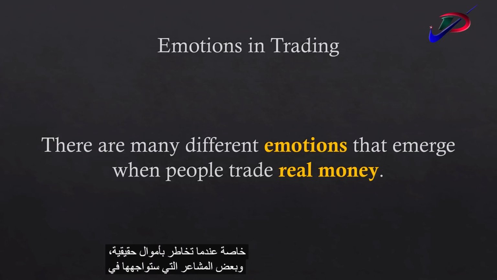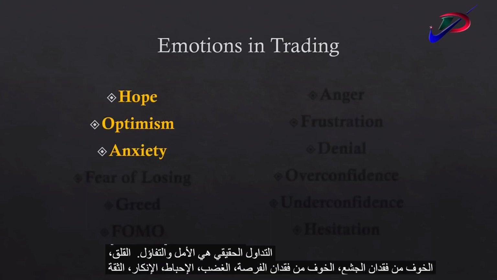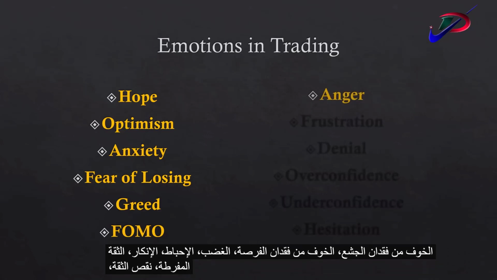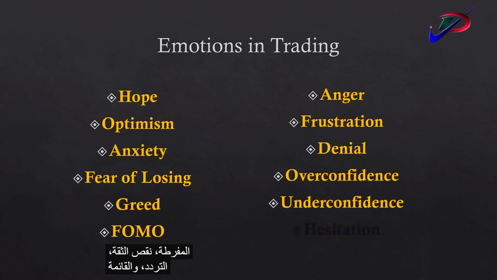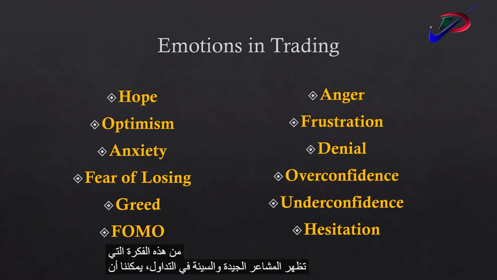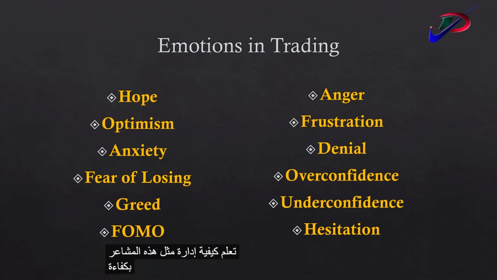Some of the emotions you will face in real trading are hope, optimism, anxiety, fear of losing, greed, fear of missing out, anger, frustration, denial, overconfidence, underconfidence, hesitation, and the list goes on. From this idea that good and bad emotions appear in trading, we can conclude that traders must be able to learn how to manage such emotions efficiently.